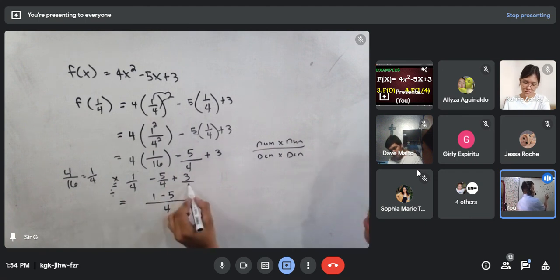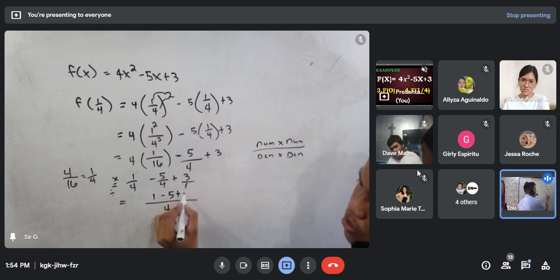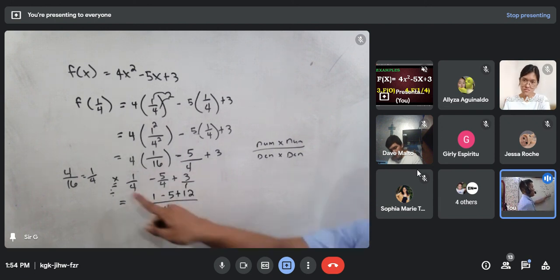Then here there's an over 1. 4 divided by 1, 4 times 3 is equal to 12. Because we divide and multiply.